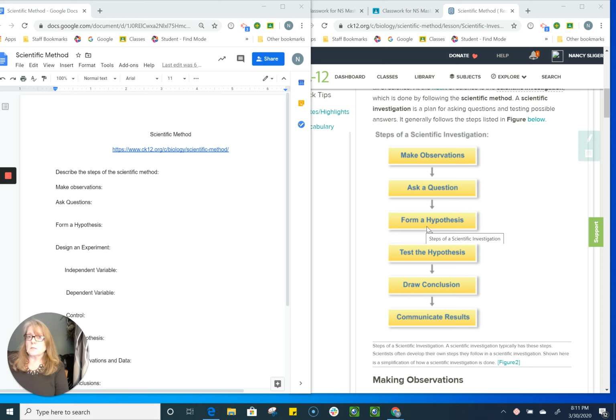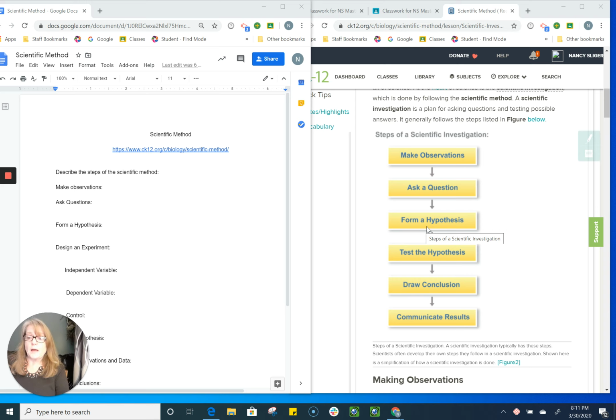So there's the if, because there's a difference, only 1 cup is getting water, the other 3 are not. Then I made the prediction that the one with water, the seed would germinate. If I do this, then this will happen, okay?